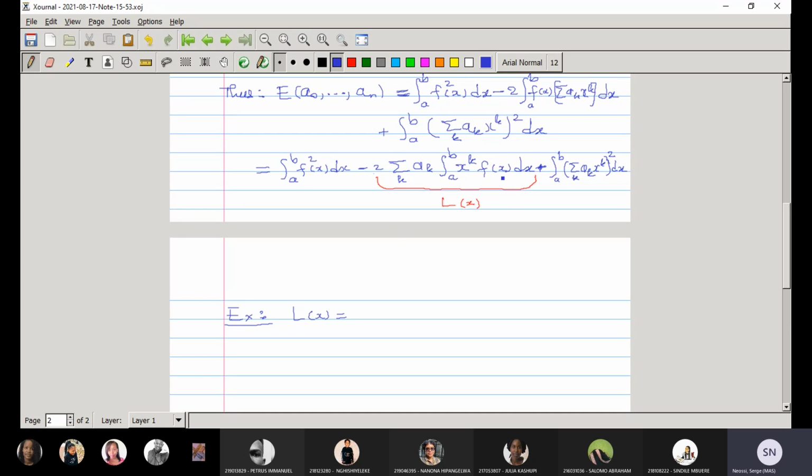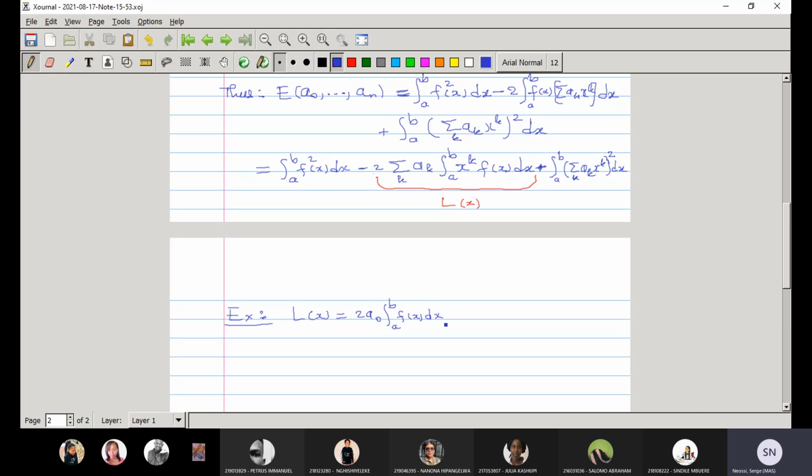Now, if I expand this, you will see that this expression does not depend on k. K is just a variable. If I expand this, you will see that for k equal to 0, I have 2a0 integral from a to b x to the 0, which is 1, then f of x dx.